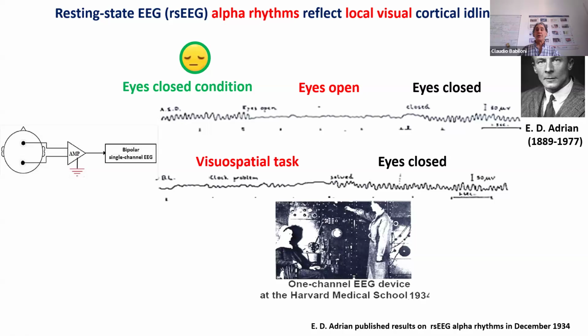The results were published in 1934 and represented a very clear demonstration that EEG activity could be recorded from the human scalp in a wakefulness condition.